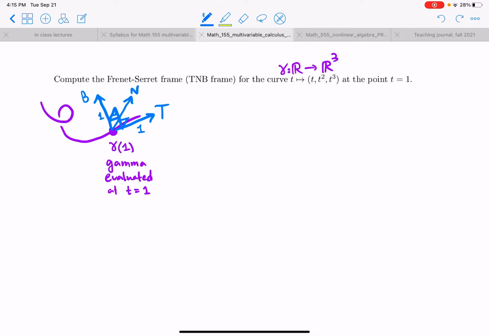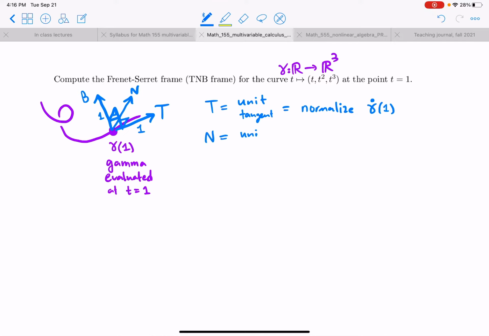Okay, so first I'm just going to write down that T is the unit tangent, and it's equal to normalize the vector gamma dot at 1. So just normalize the velocity. Okay.